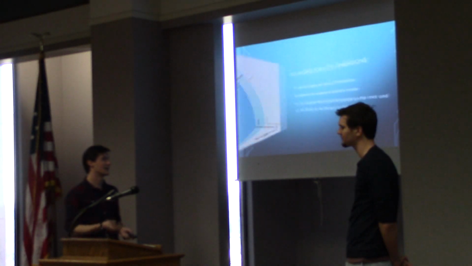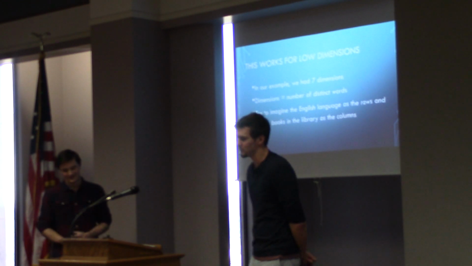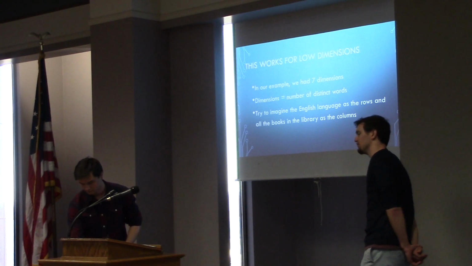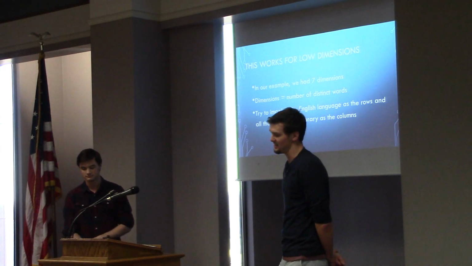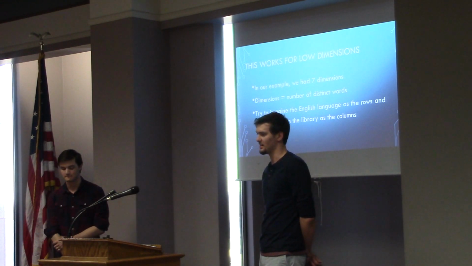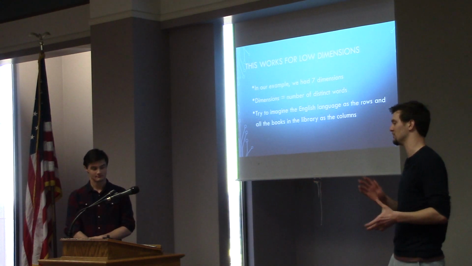And that's pretty much the conceptual idea behind vector space. But as we'll see, this gets messy. In our example, we only had 4 books, and they had really short titles. 3 of them had 2-word titles. And we had 7 rows. After doing more research, we discovered that the library has more than 4 books.